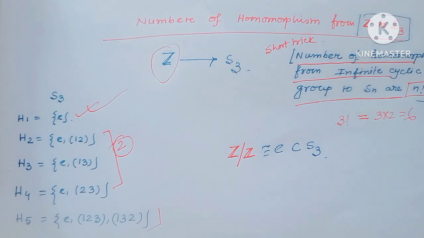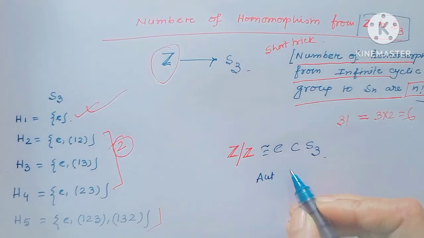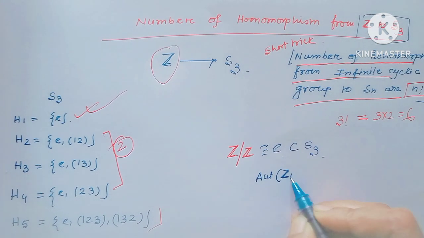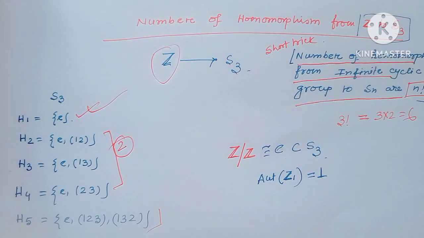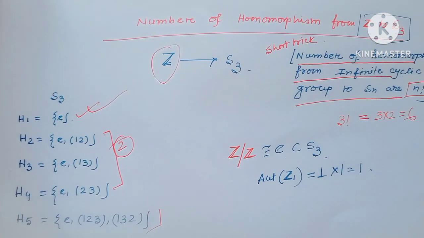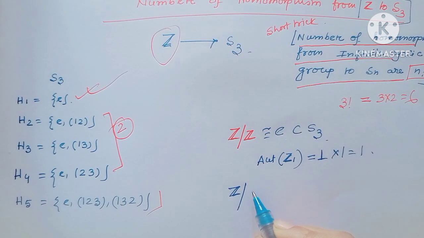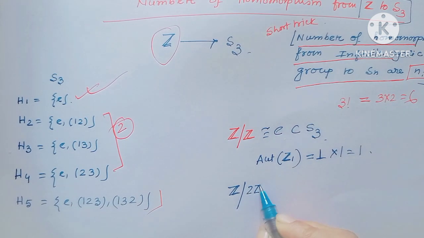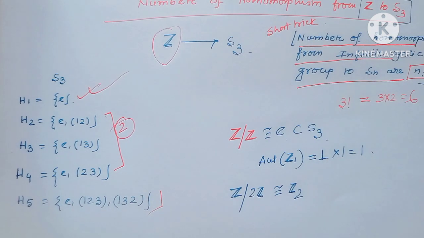If we consider Z mod Z, then this is isomorphic to the trivial group, which is obviously a subgroup of S3, and the automorphism group of the trivial group is trivial. The automorphism count is 1, and the number of such subgroups is only 1, so this would be 1. Next, if we consider the normal subgroup 2Z, then Z mod 2Z is isomorphic to Z2.